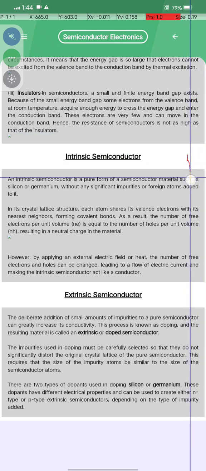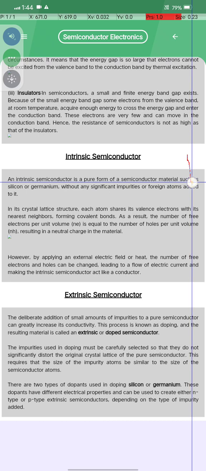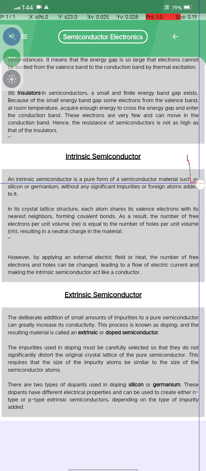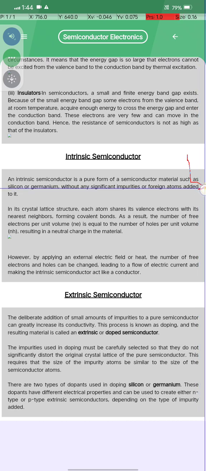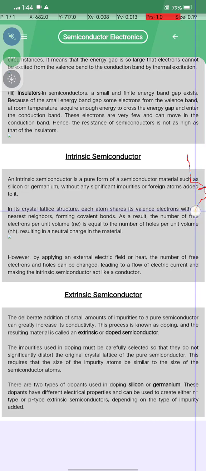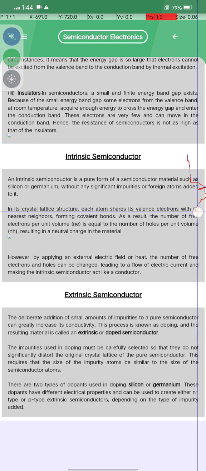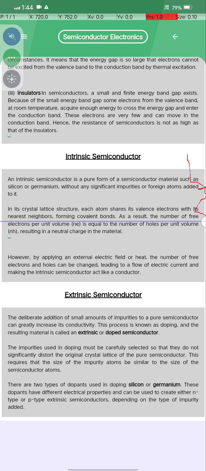Intrinsic semiconductor क्या होता है? An intrinsic semiconductor is a pure form of a semiconductor material such as silicon and germanium, without any significant impurities or foreign atoms added to it. In its crystal lattice structure, each atom shares its valence electrons with the nearest neighbors, forming covalent bonds.